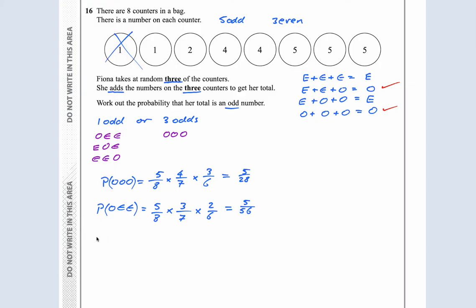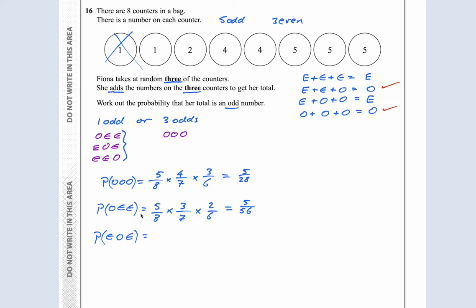And then I'm going to do probability of even, odd, even. Now, those of you who are super smart may recognize that this is actually going to be the same probability as this. In fact, these 3 are all the same. They're all going to be 5 over 56. I'll show you why just by doing the math, and then you can decide if you want to actually show the work or not, but you wouldn't have to.